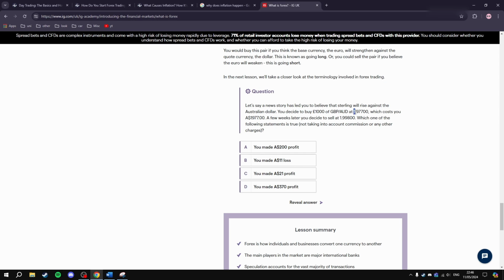So, price has risen from 1.977 to 1.998. So that's a, what is that? 998 minus 977, that's a 21 pip move.